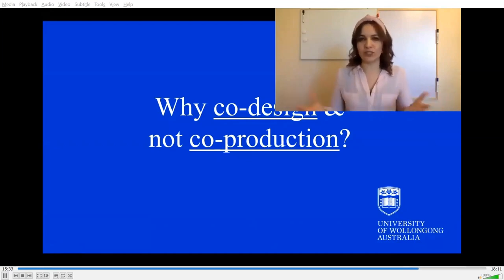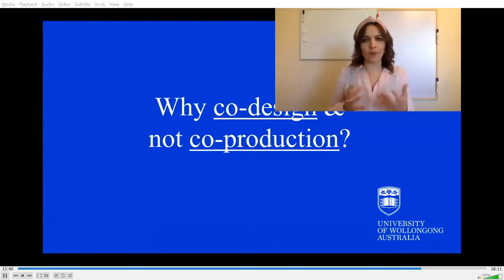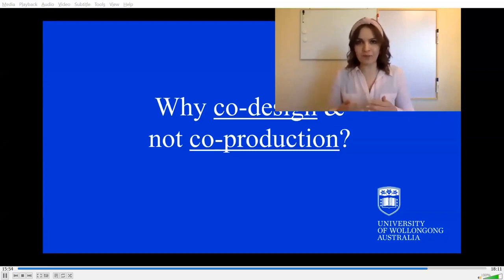This gradually morphed into a discussion where those two terms really converged, and we started to think about common elements between the two. Currently, we can view co-design as sitting beneath a broad umbrella term, which is co-creation. And co-creation really encompasses not only co-design, but co-production.